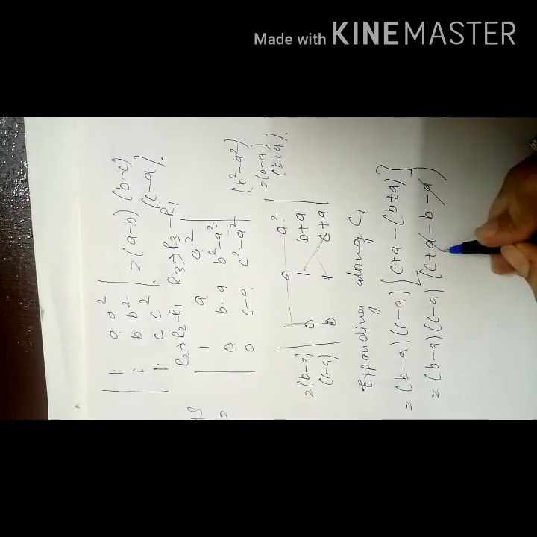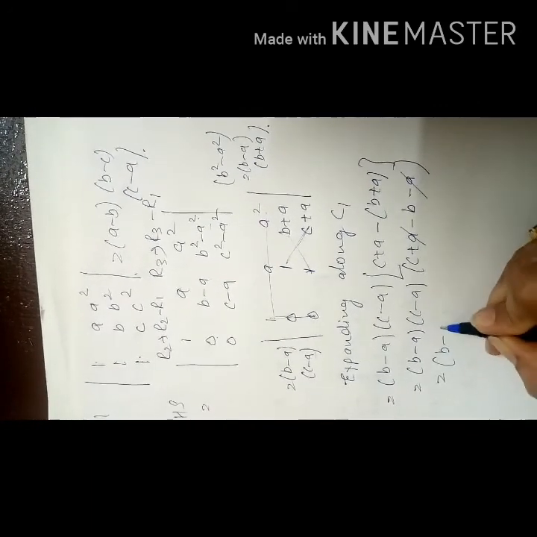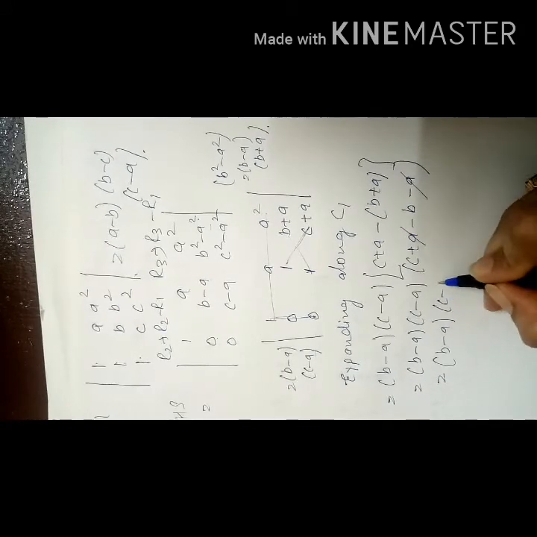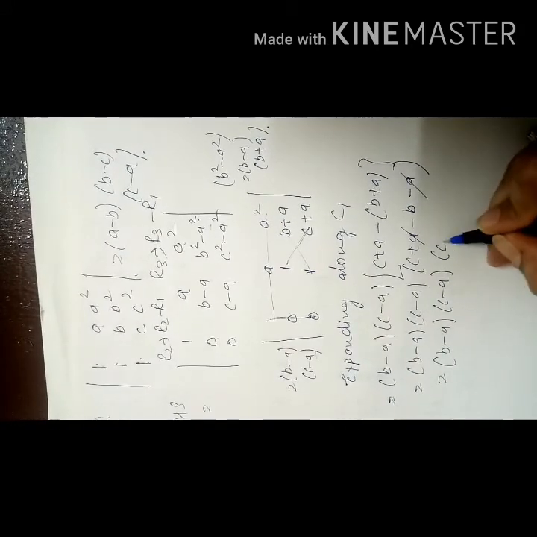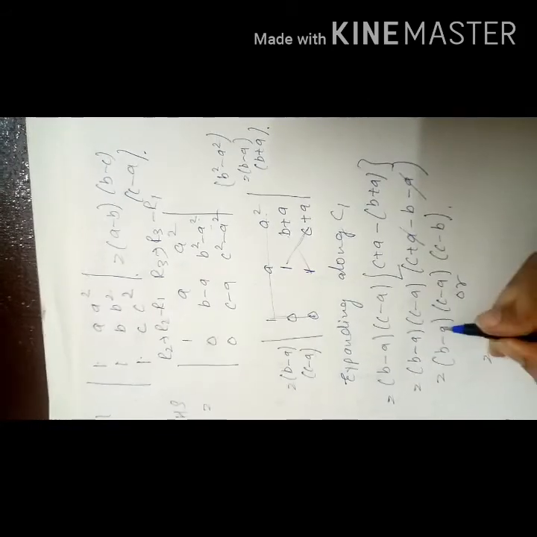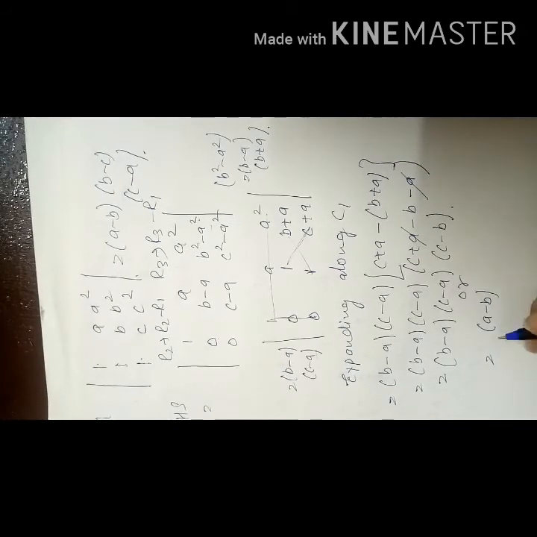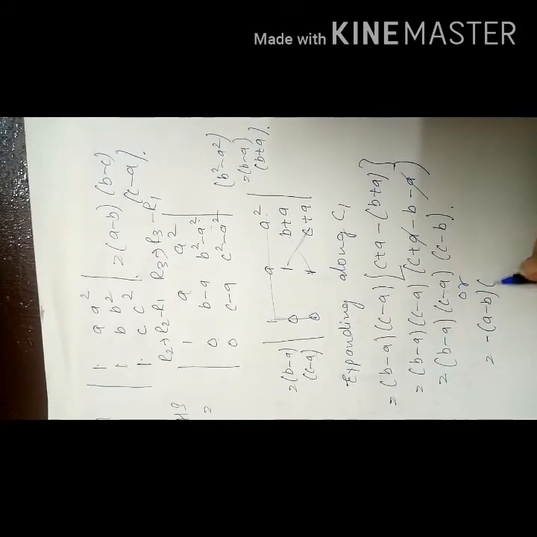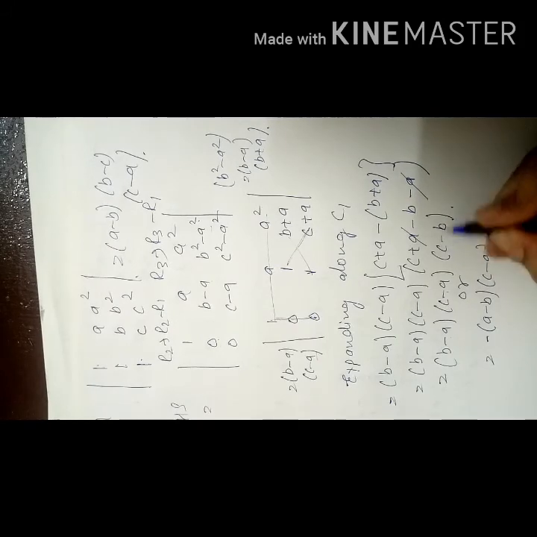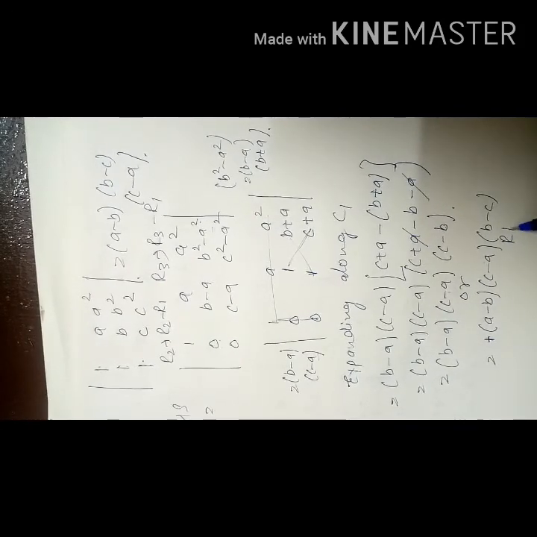This a and a will be cancelled out. Then b minus a, then c minus a and then c minus b. Or we can write this b minus a as a minus b, if you take negative sign common, then c minus a as it is. And this c minus b, we can write b minus c. So again one more negative sign, so it will be plus here. And this is the right hand side.